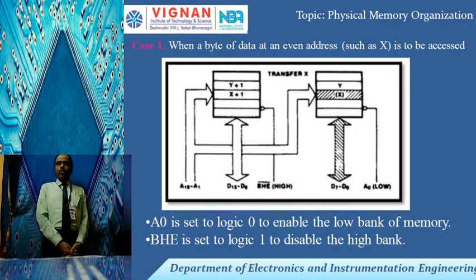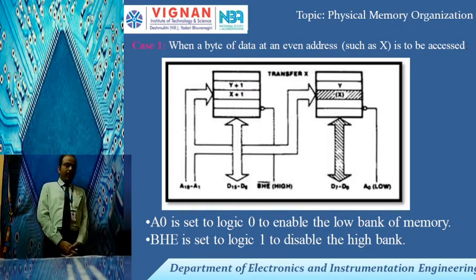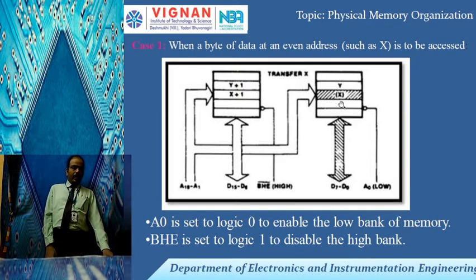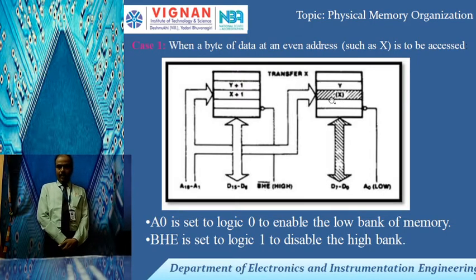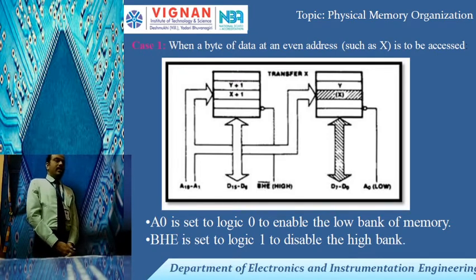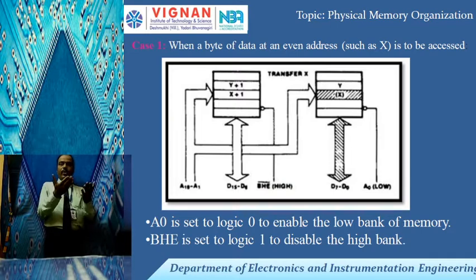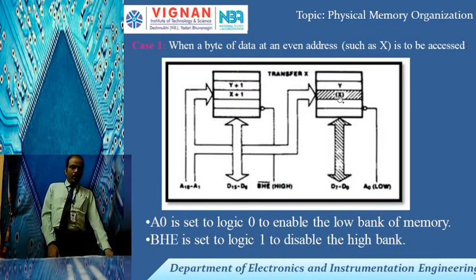For example, 12 in hexadecimal is 8-bit data at an address X. Always assume X, Y, Z are even, and X plus 1, Y plus 1 are odd addresses. So I want to transfer data to, or read data from, the even address X.